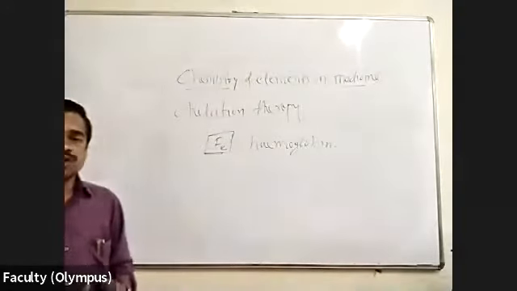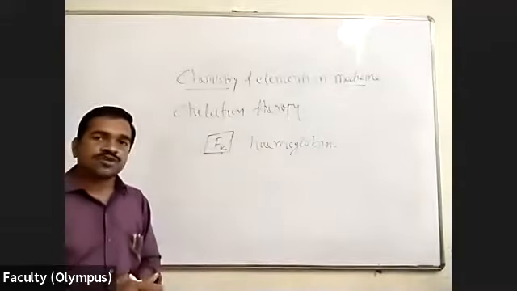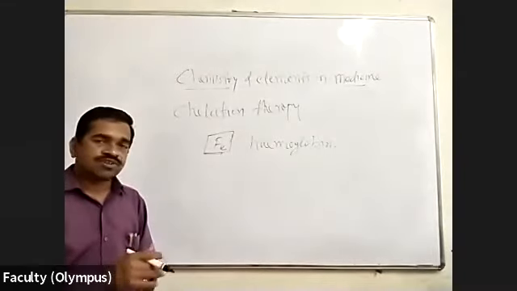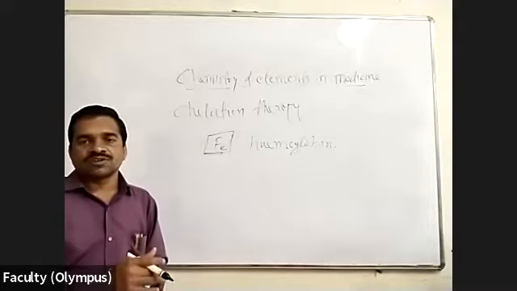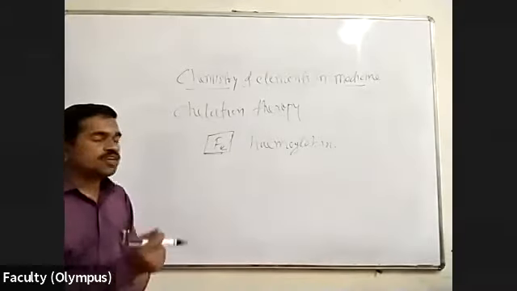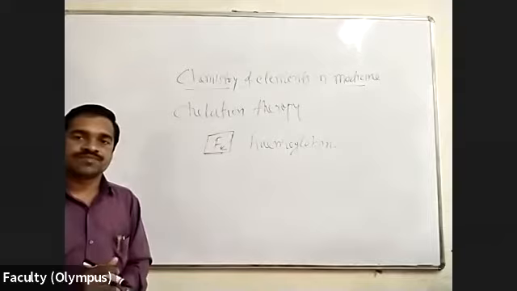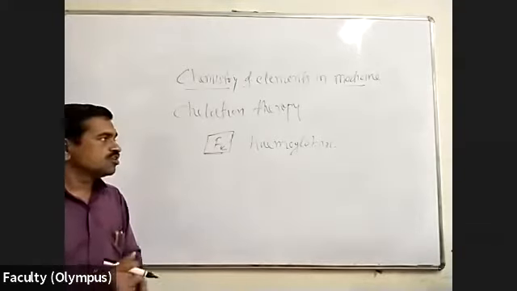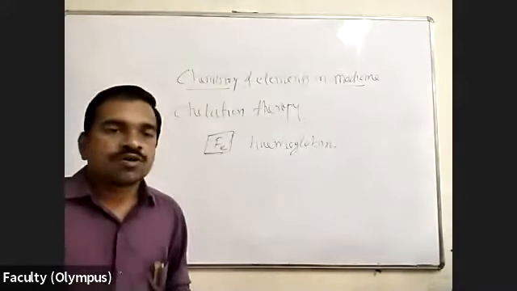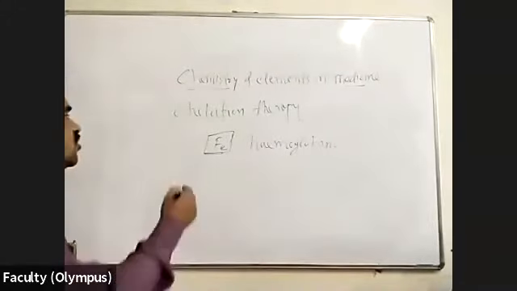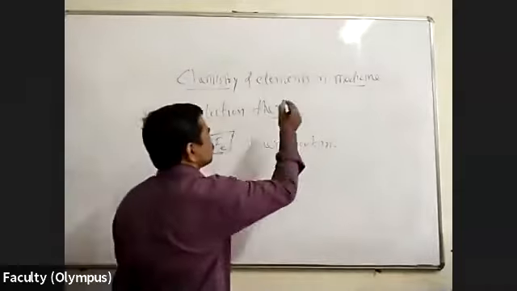So all elements, all metals mostly, which are present in the body at some higher concentration than required, those elements should be removed from the body. Now, how to remove these elements from the living system? To remove this, we use chelation therapy.